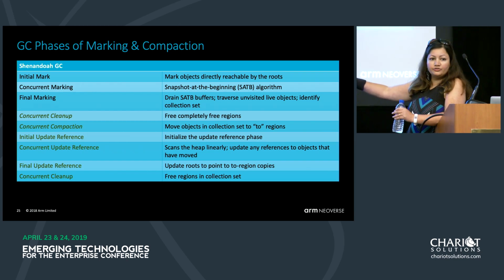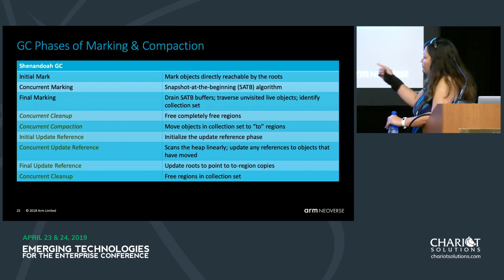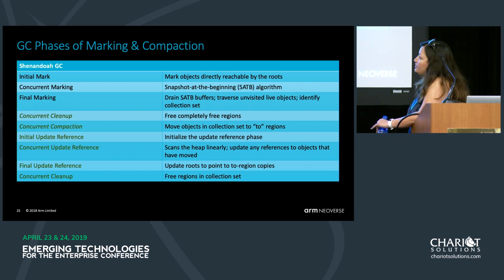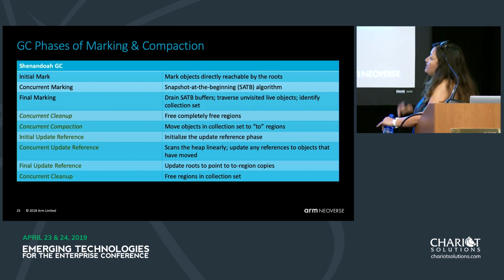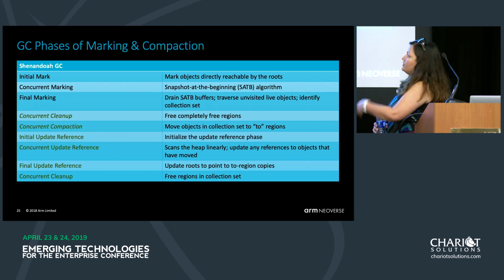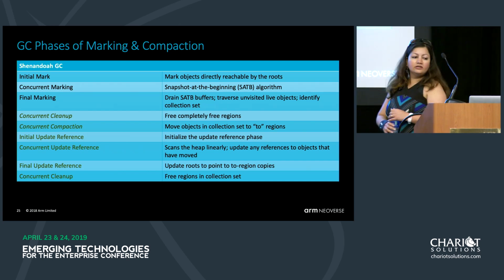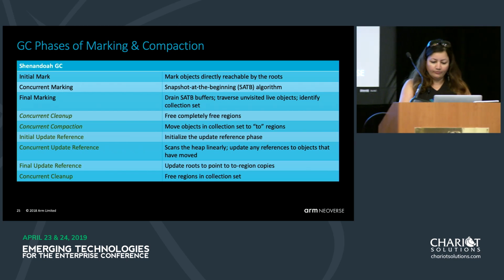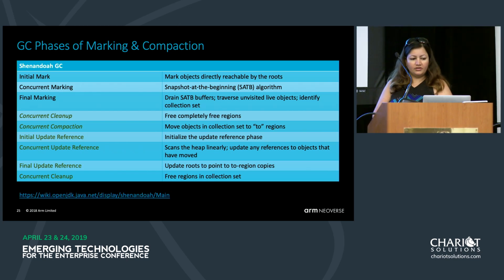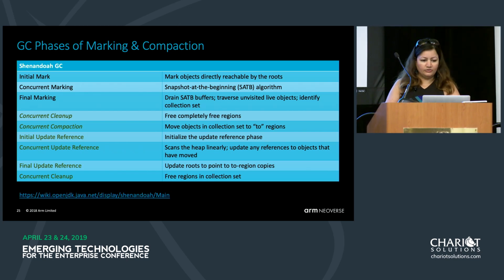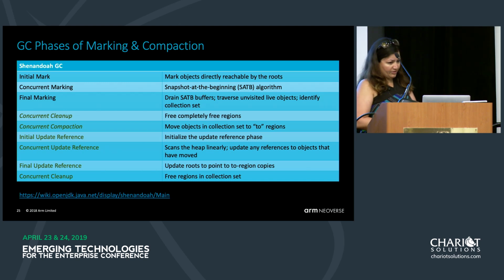Because you just moved the objects to the to space. So the regions in the from space are free, so you free them during a concurrent cleanup. Many of these phases can be piggybacked, so during the next cycle, you can piggyback accordingly. And that's basically what they cover if you look at the paper. There's also a wiki which talks about these phases.